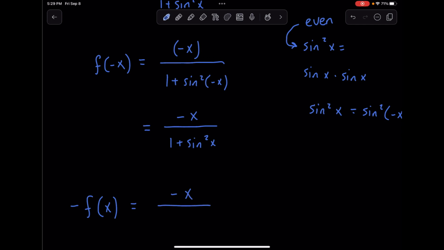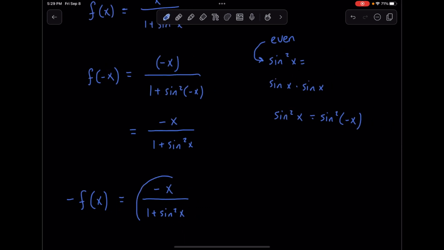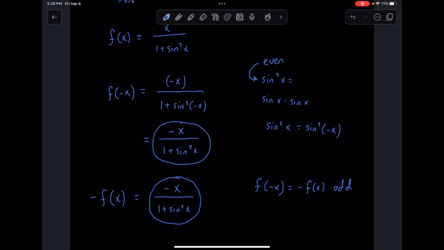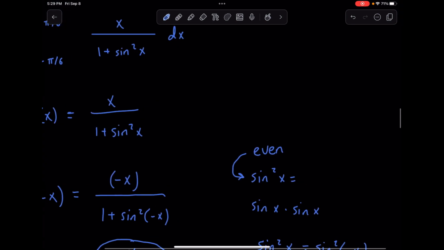So that's -x over 1 plus sine squared x, and that is equal to f of -x. And when f of -x equals negative f of x, that means the function is odd. Thus, we can conclude that f of x is odd.